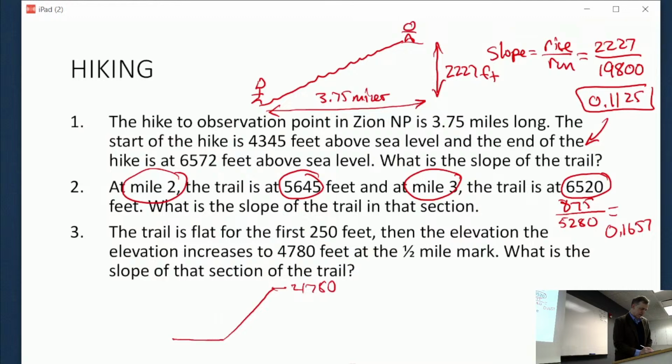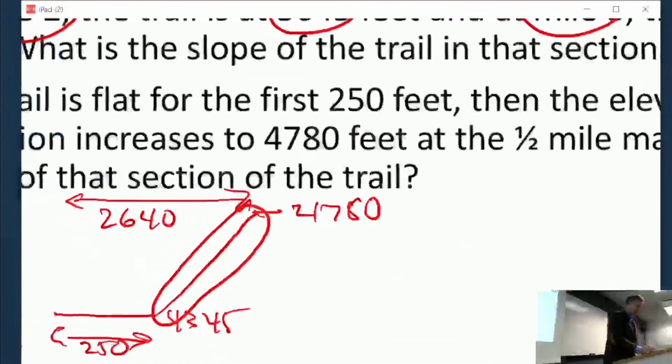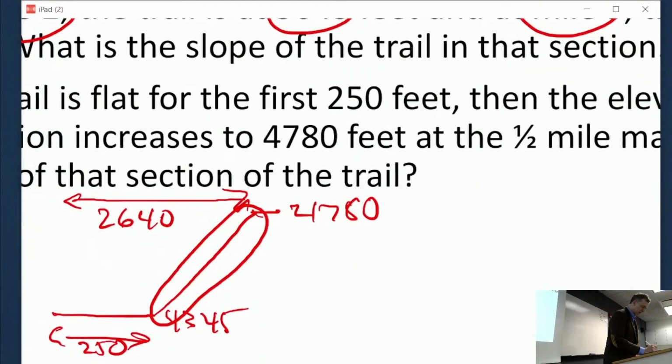And we started out at 4,345. And this here is 250. And this here is half of a mile, which is 2640. So we're going to have to do a little bit of math here to figure out the slope of this section right there. I know my markings are super messy. Hopefully you can interpret what I have there.